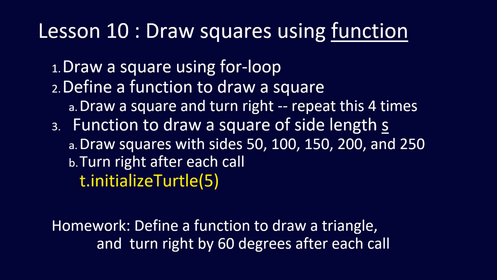Okay. So the homework: define a function to draw a triangle and turn right by 60 degrees after each call. So here the new problem is how to draw a regular triangle. Let's see. In the case of a square, at the corner the turtle was heading north, heading up, and then at the corner we needed to turn left by 90 degrees.